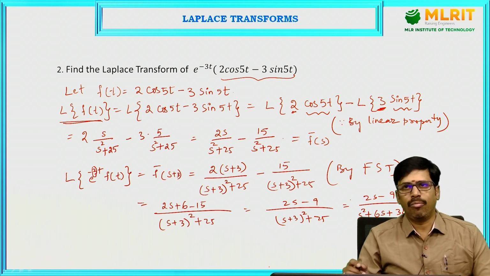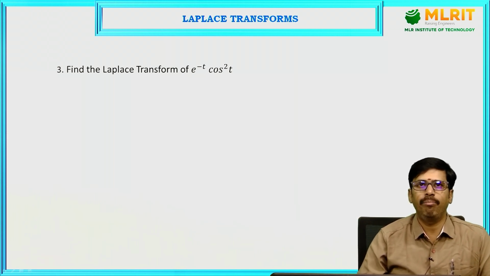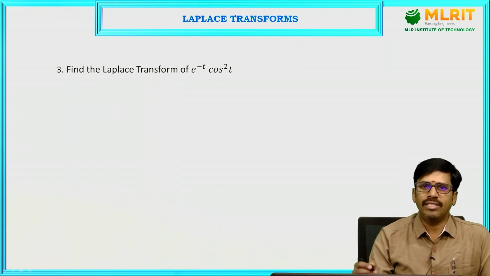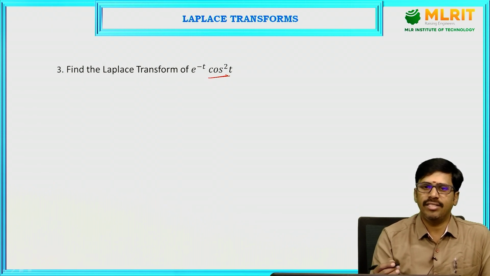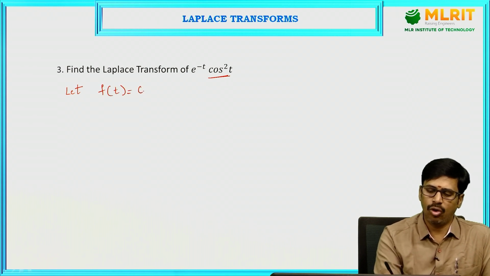Let us see one more problem. Find the Laplace transform of e power minus t into cos square t. So, what is f of t here? Other than e power minus a t, let us take the function as f of t. So, let us take the f of t function as cos square t.